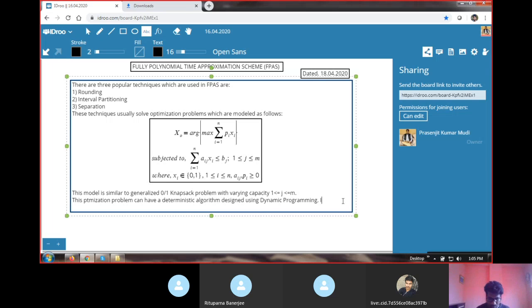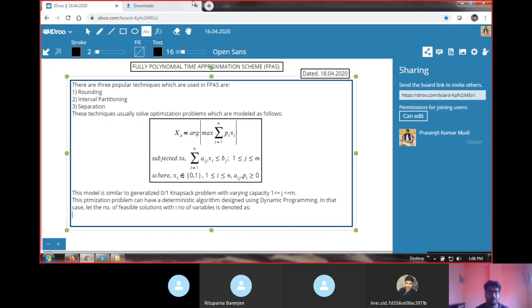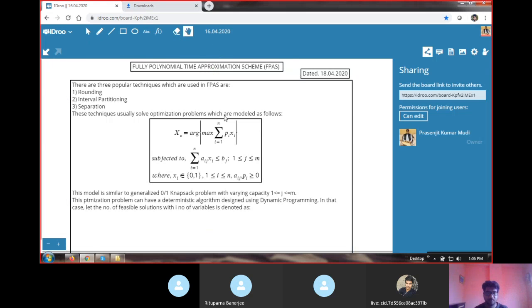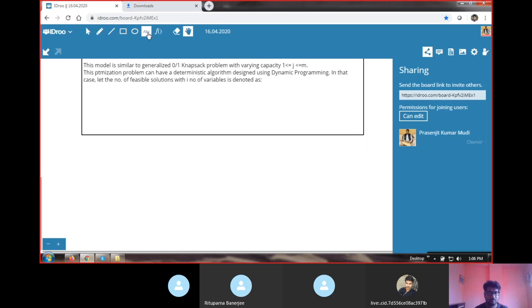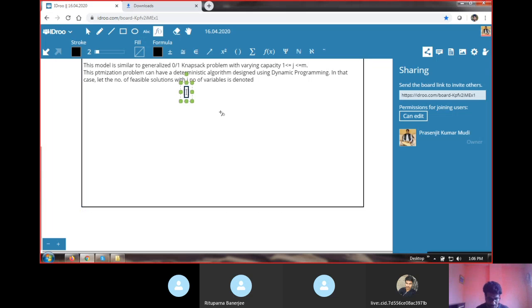In that case, let the number of feasible solutions for the first i variables be denoted as S i.